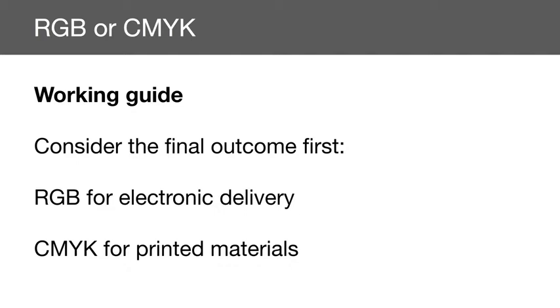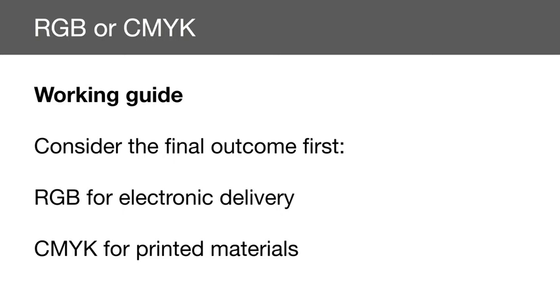And if you're working with printing materials, it's going to be printed in the end, so that's going to be CMYK. InDesign automatically starts off in CMYK, so does Illustrator, and RGB is already the start in Photoshop. So those two already kind of dictate which way you're going to go.